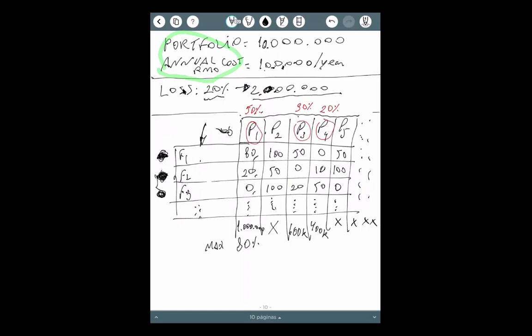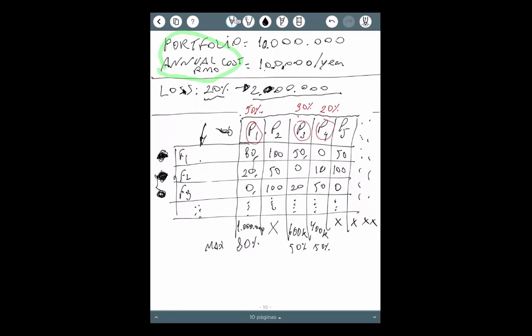P2 is not a problem for me. P3, the highest one is 50, so 50 and 20, the highest one is 50. And P4, the highest one is also 50. P5 is not one of my problems, so I will not consider this, and also P6, P7, P8, and so on.